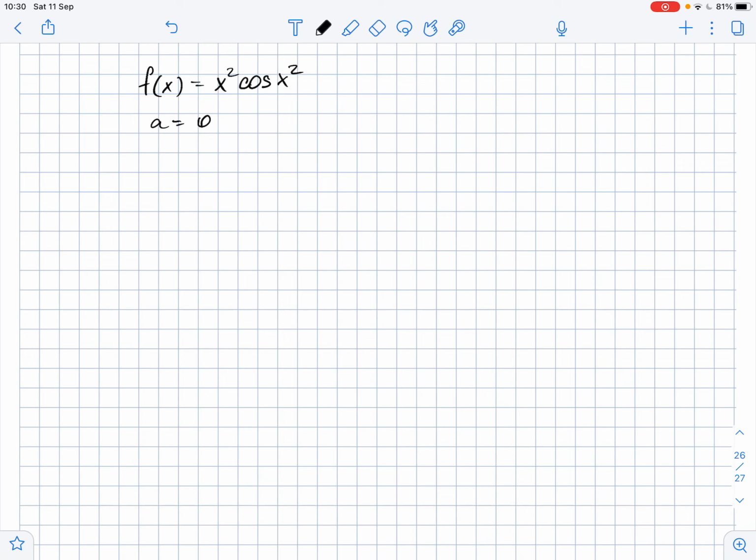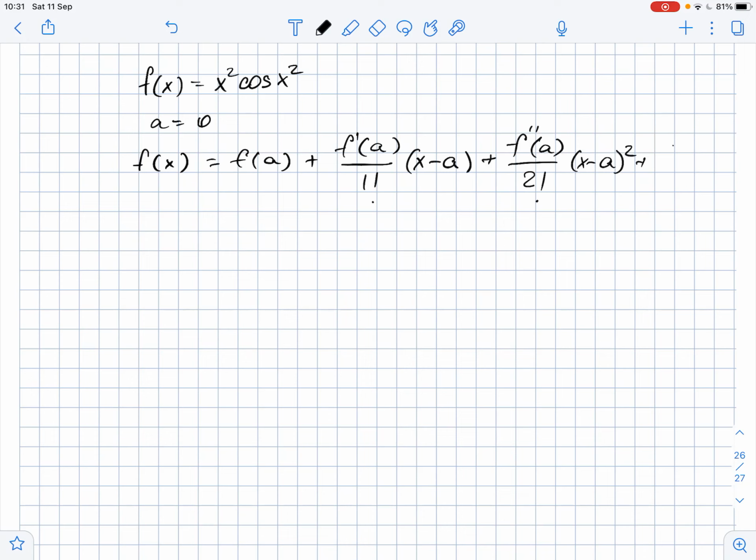The Taylor series of f of x around x equals a is f of x equals f of a plus f prime of a over 1 factorial times x minus a plus the second order derivative of f of a over 2 factorial times x minus a squared plus the third order derivative of f of a over 3 factorial times x minus a cubed, and so on.